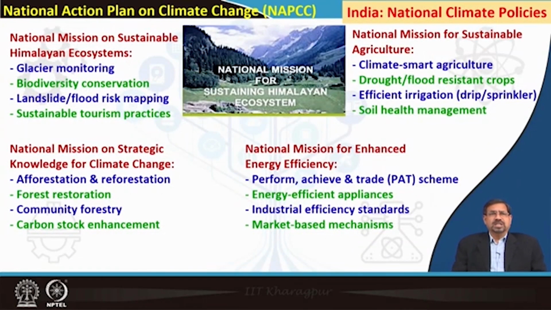Moving on to the next four. The fifth one is National Mission on Sustainable Himalayan Ecosystems. This talks about monitoring our melting glaciers. We have Himalaya. So, because of the height, we have a lot of deposition in terms of snow and glaciers. So, the glaciers are melting. So, monitoring of this glacier is an important mission under the NMHS.